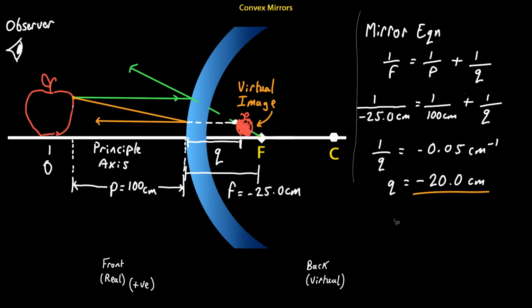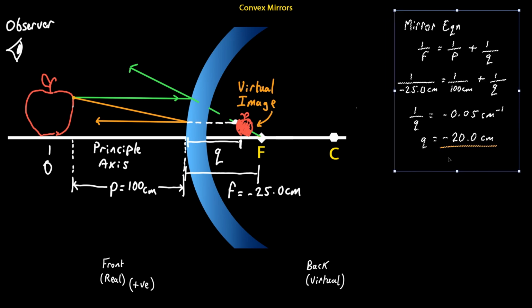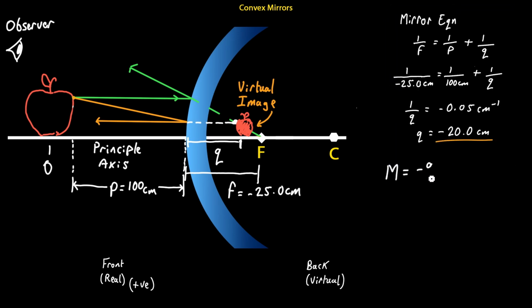What about the magnification now of this image? Well, the magnification is equal to negative q divided by p. So we've got negative multiplied by negative 20 centimeters, and two negatives multiplied make a positive, divided by 100 centimeters.